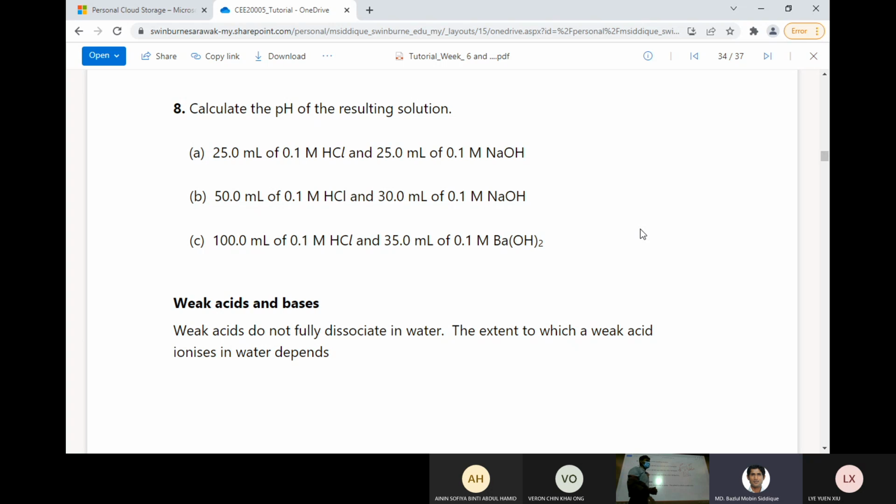So for this case, how do we understand that there will be a reaction? Sodium chloride and water will be produced, don't we know? So sodium hydroxide and HCl, what is being produced?